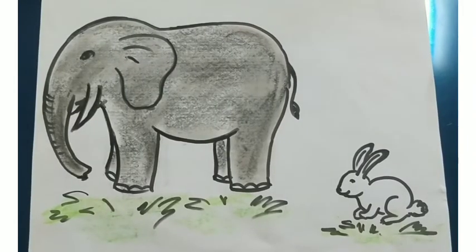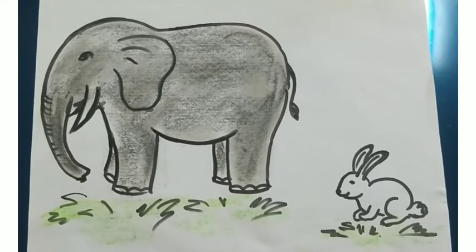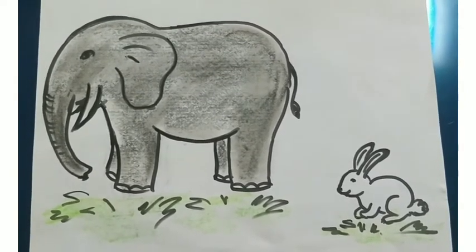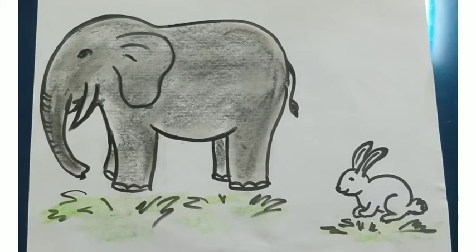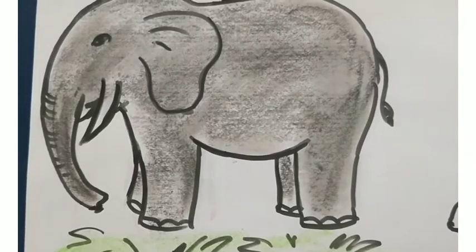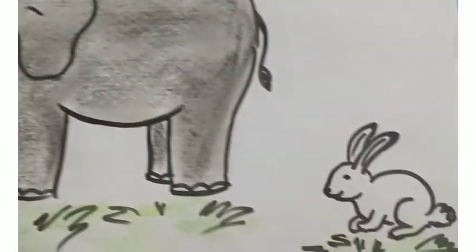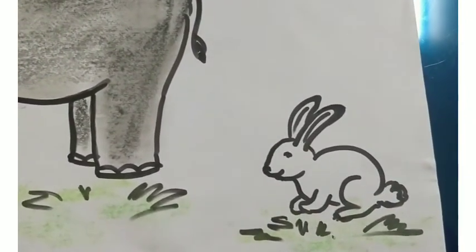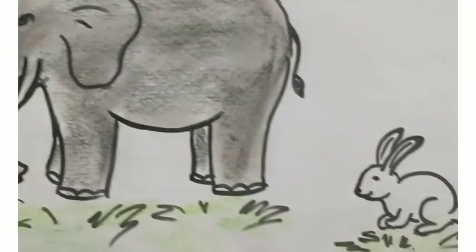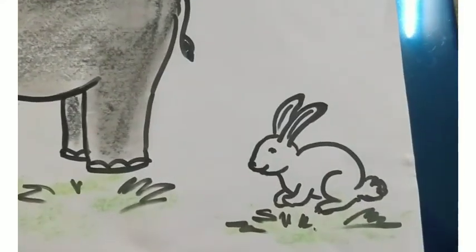Both of these are animals, but the only difference is they are different in size. The elephant is big in size and the rabbit is small in size.